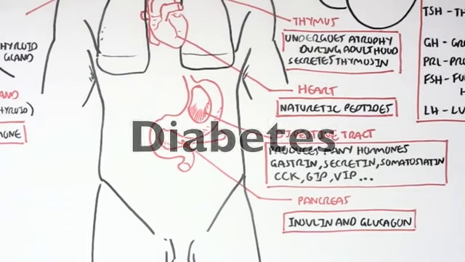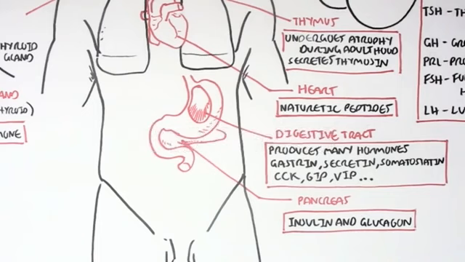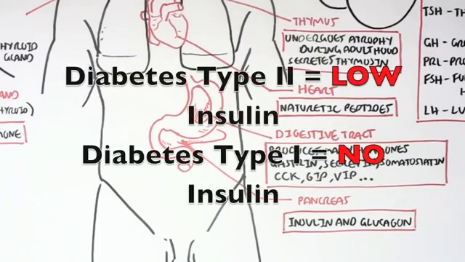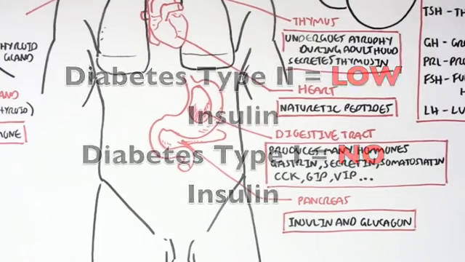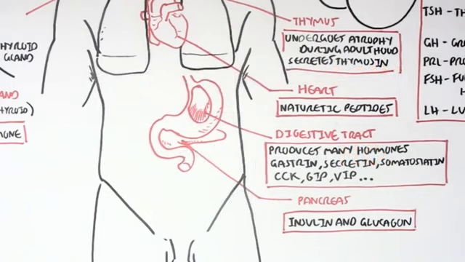And you might know diabetes people, they have very low insulin levels. Well, type 2 diabetes, they have low insulin levels, or type 1, they have depleted insulin levels. And so you have very high blood glucose levels, and you can't decrease this because you have no insulin.